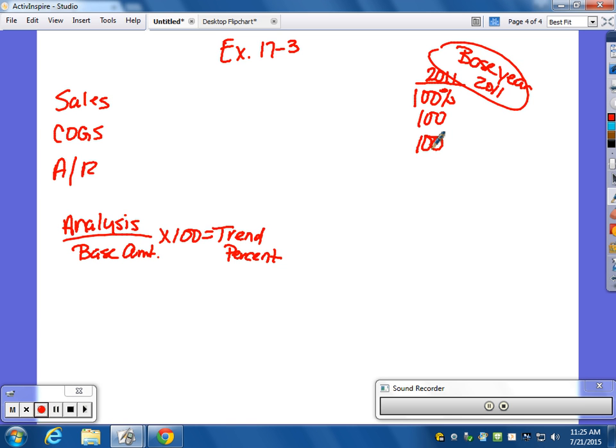Now that we got that out of the way, going up the ladder, looking at 2012. If you're taking the analysis amount, which is 2012, dividing that by the base amount for 2011 for sales, what's the amount for sales for 2012?